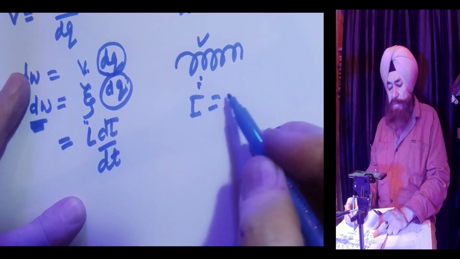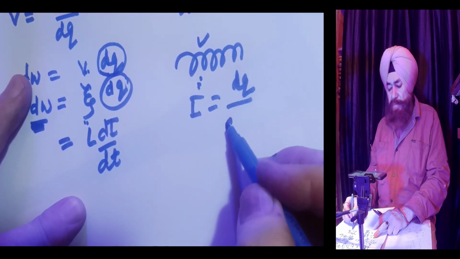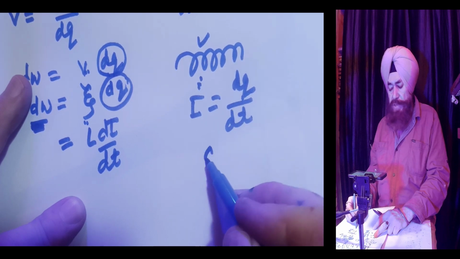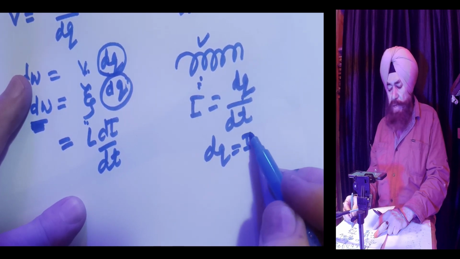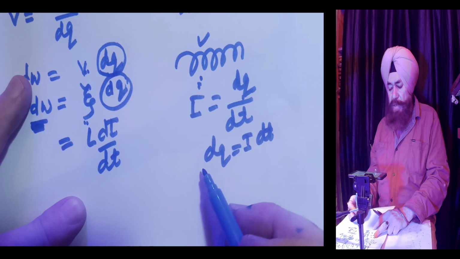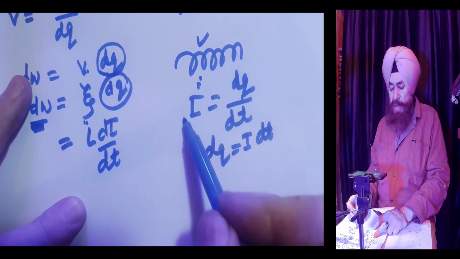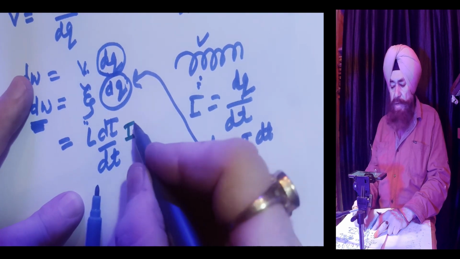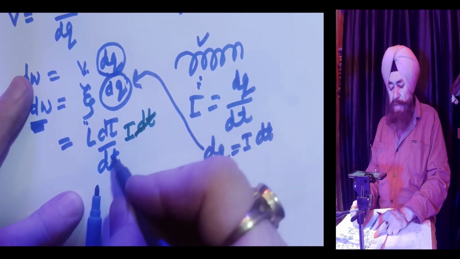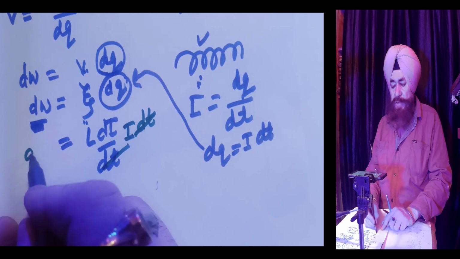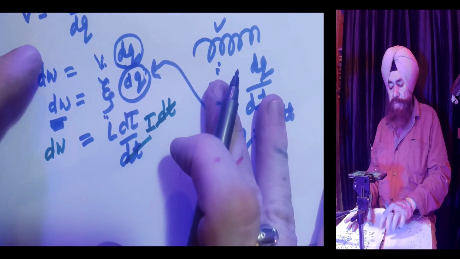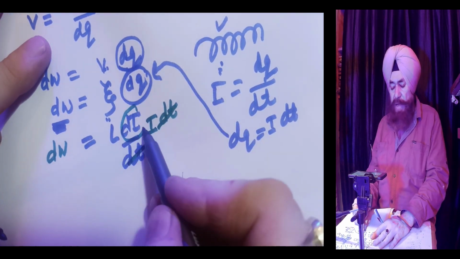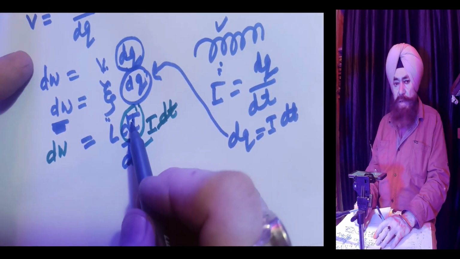Current equals charge over time, so charge equals current into time. Substituting, dq becomes I into dt. dt cancels. So this is the small work done when the current increases by a small value in the coil where there is self-induction.